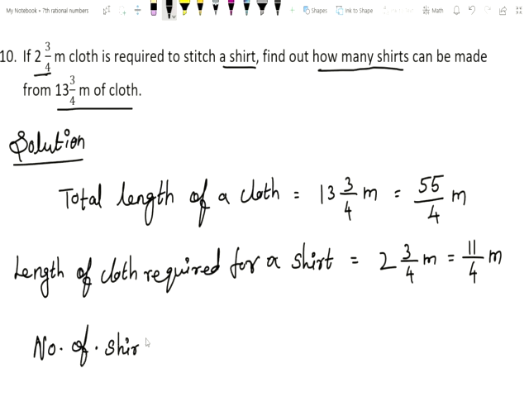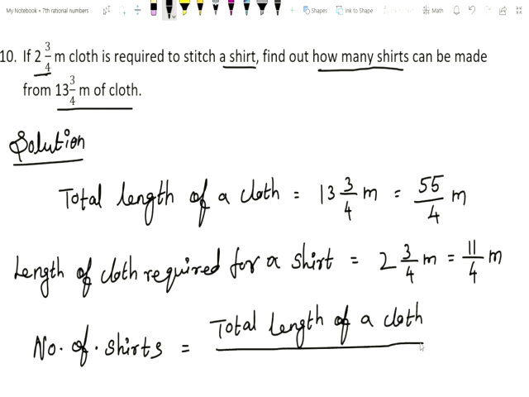Number of shirts equals the total length of your cloth divided by the length of cloth required for one shirt.